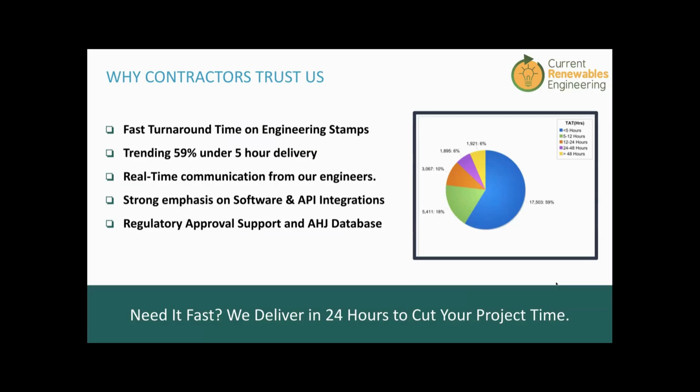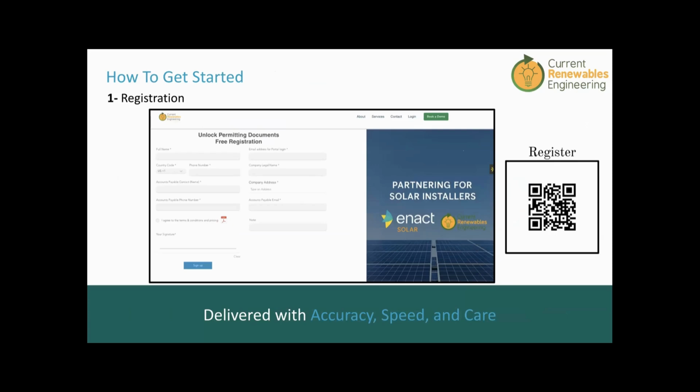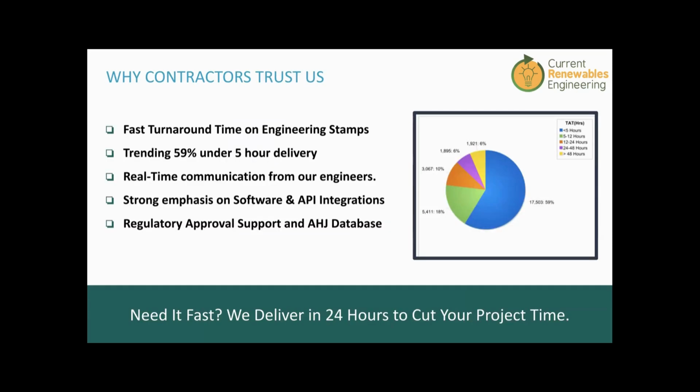We also put a strong emphasis on software and API integrations so that we can take your existing process and help streamline it for you and make our systems talk together. With that AHJ expertise, we're really ready to help you. We'll focus on your turnaround time, your communication, and then make sure that you have accuracy to pull that permit. So Danny, if you can go to the next slide for me.